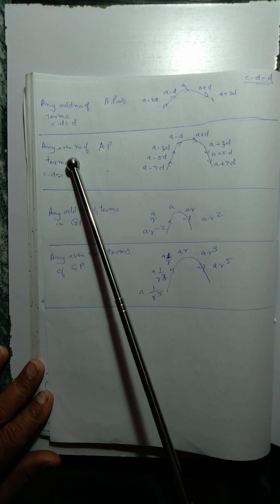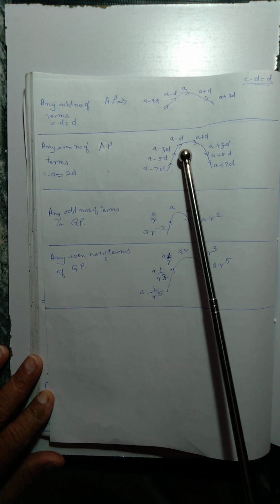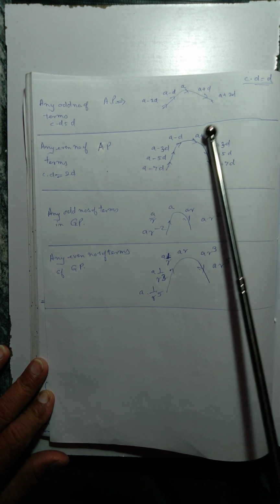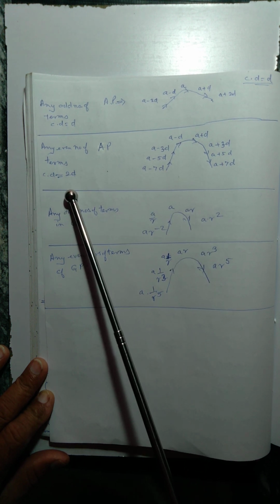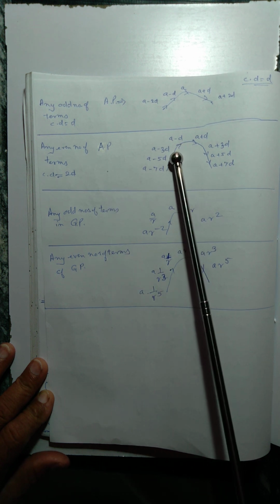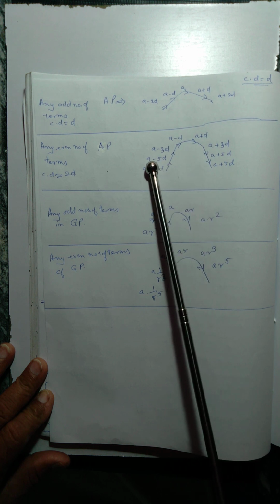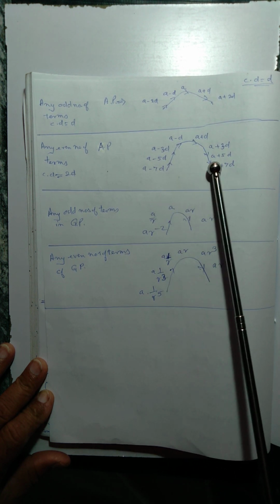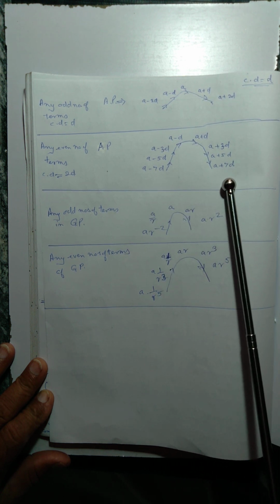And if the number of terms is even, here the common difference was only d, but now the common difference will be equal to 2d. So we should start like this: a minus d, a plus d, a minus 3d, a plus 3d, a minus 5d, a plus 5d, a minus 7d, a plus 7d, like this.